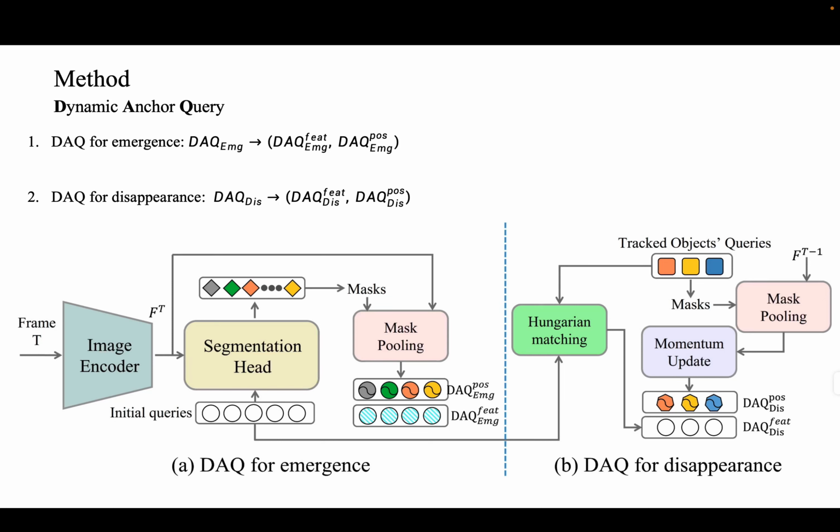For disappearance DAQ, we use the candidate's momentum-weighted appearance features as the query positional embedding, and we use initial queries of the segmenter as the query feature. Specifically, for each query feature, we match the closest one from the initial queries of the segmenter based on cosine similarity between their features.